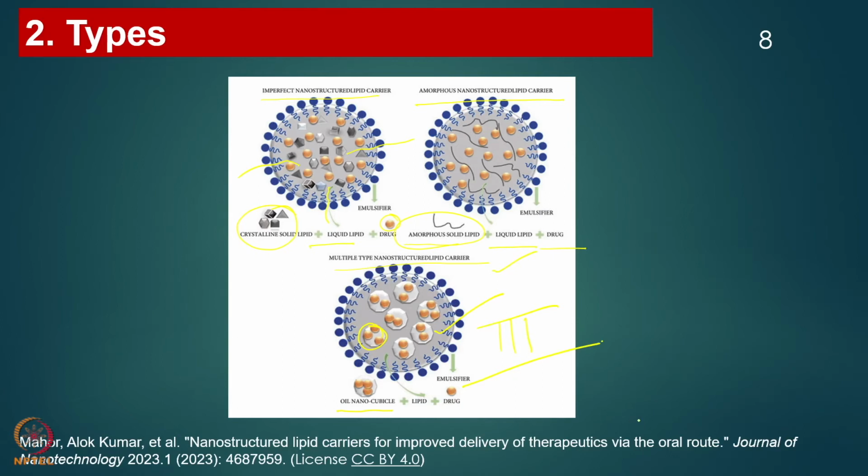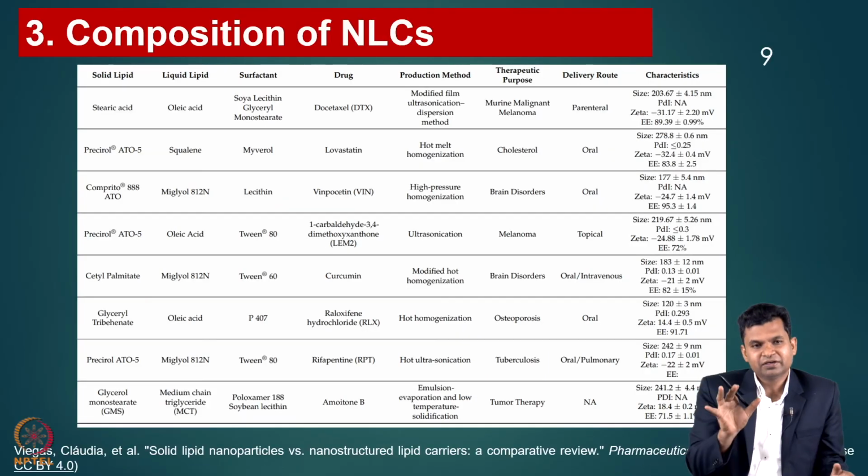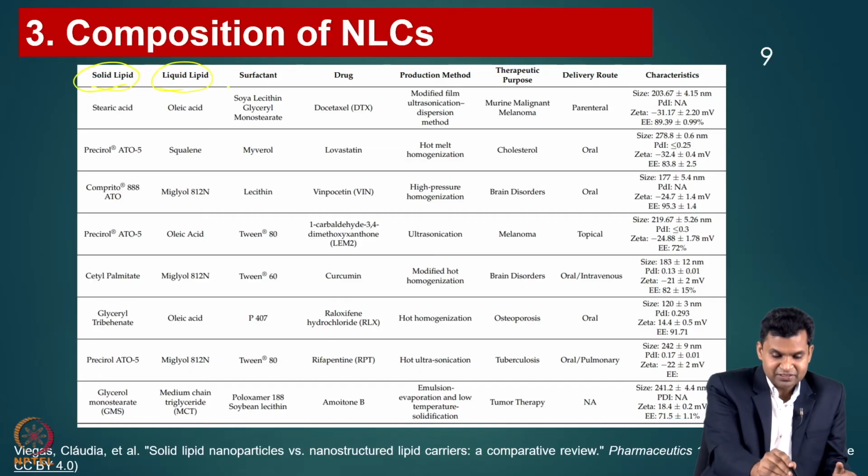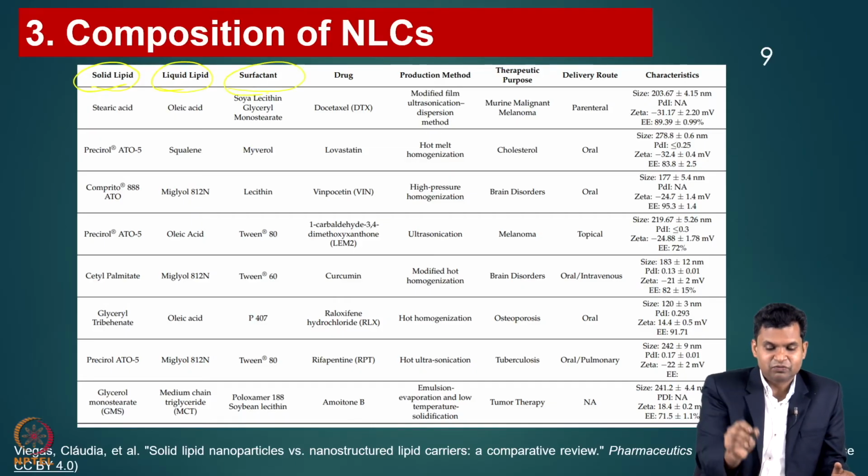If you want more information, it is available in the given reference, which is an open access reference. Now here we'll see what the composition of the NLCs is. We know that solid lipid is required, liquid lipid is required, and even surfactant is required.